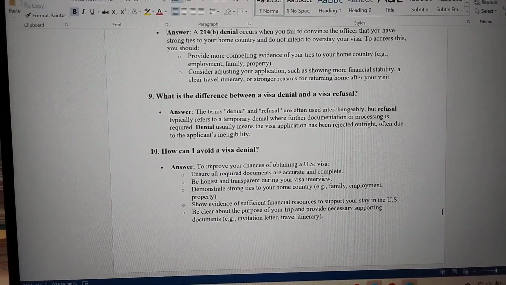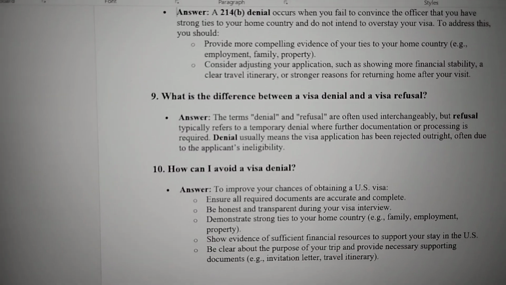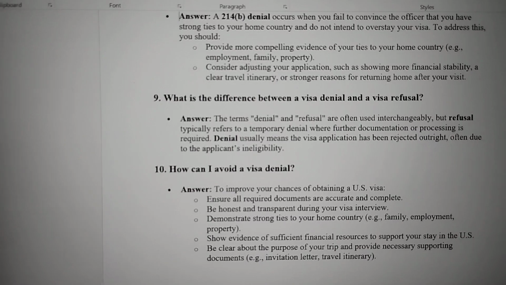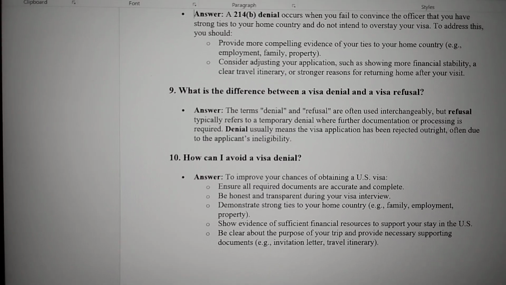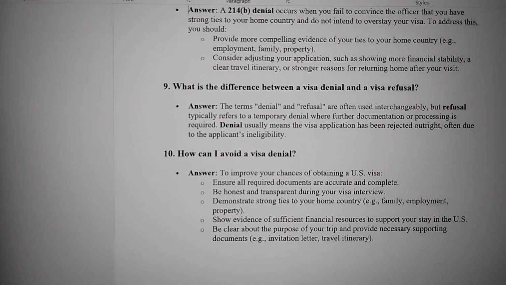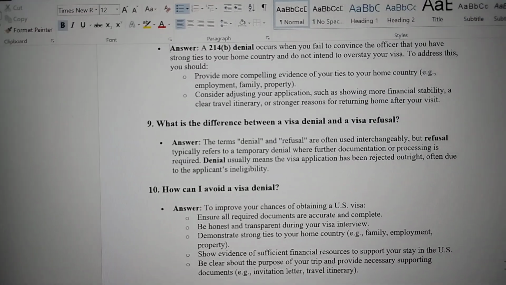What is the difference between a visa denial and a visa refusal? The terms denial and refusal are often used interchangeably, but refusal typically refers to a temporary denial where further documentation or processing is required.